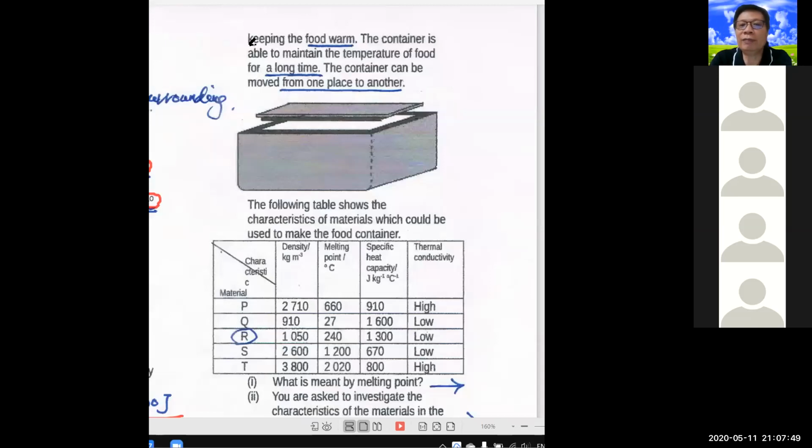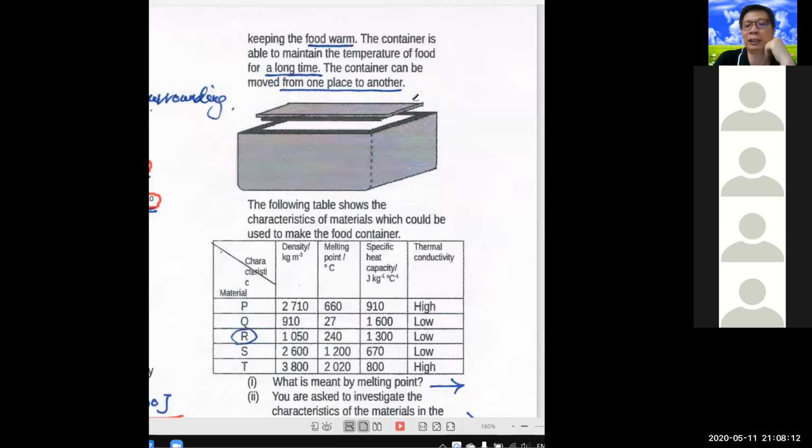This is a container for keeping food warm. It's something like a thermos to keep the food warm. The container is able to maintain the temperature for a long time. It can keep the heat long. The container can move from one place to another, which means the container must be light, because it needs to move from one place to another.